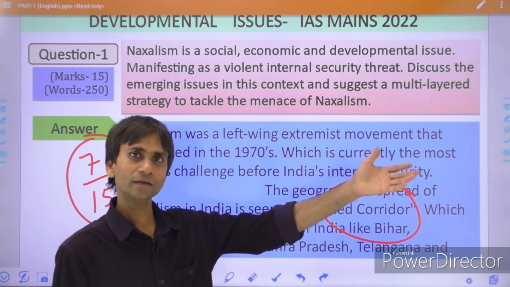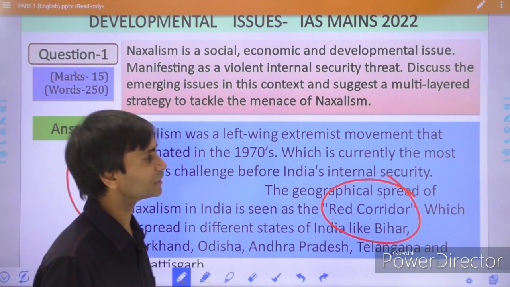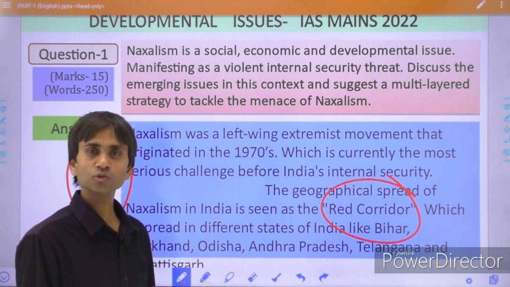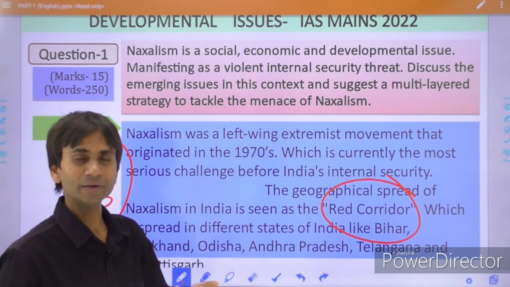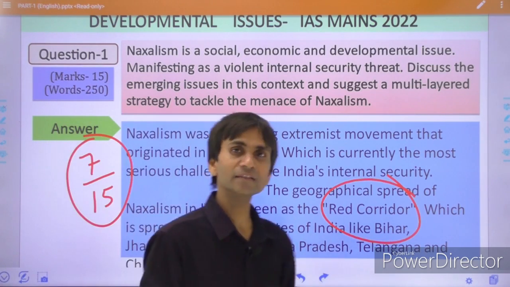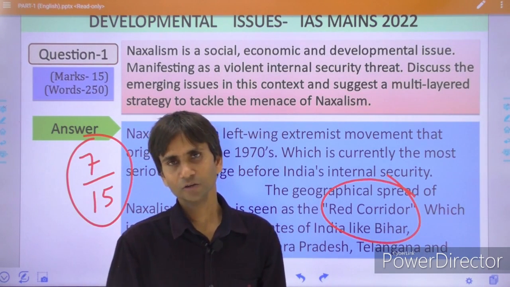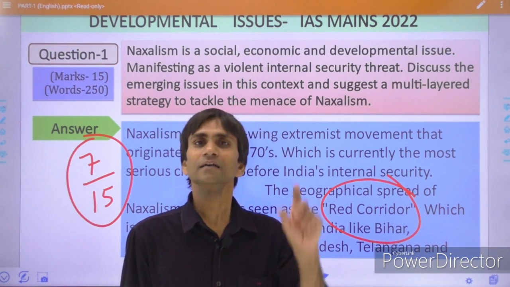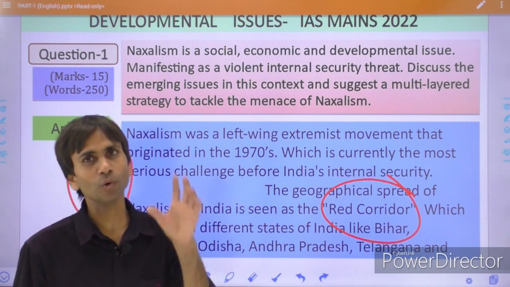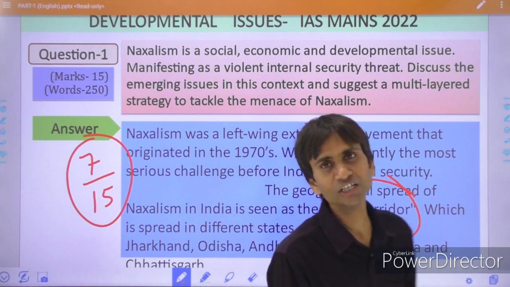On the other hand, the Naxalites are using advanced modern technology and fatal weapons. So the government of India has to enter, because it has the Indian army and armed forces with modern technology. A multi-layer strategy is necessary. Center and state governments together should work in this direction.